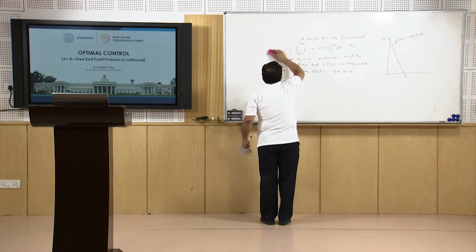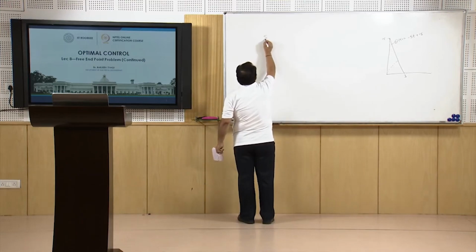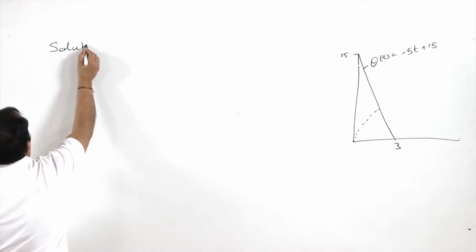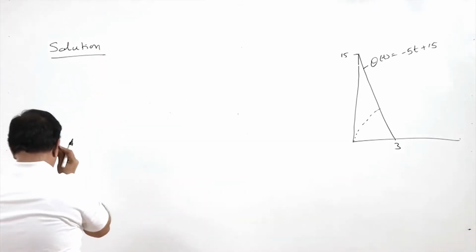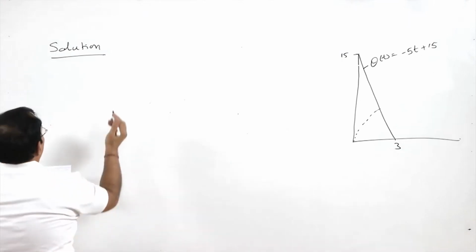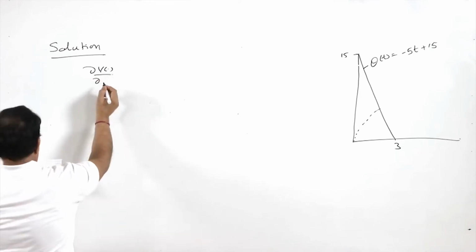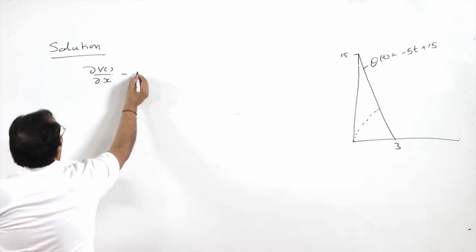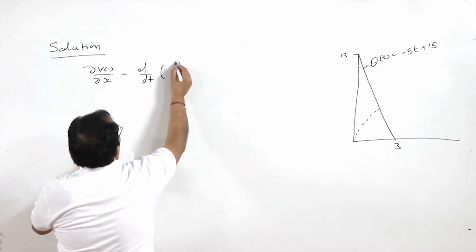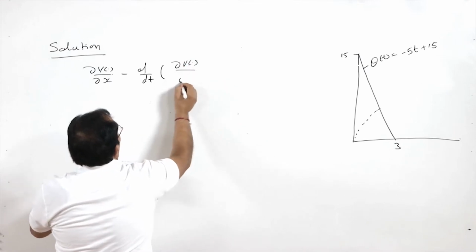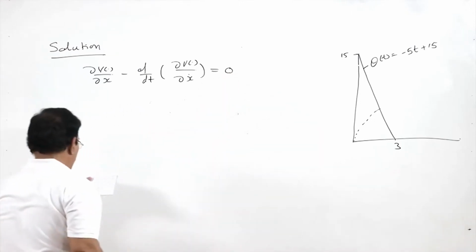So, the solution of this problem: naturally first we have to write the EL equation, del v by del x minus d by dt of del v by del x dot, that must be equal to 0.